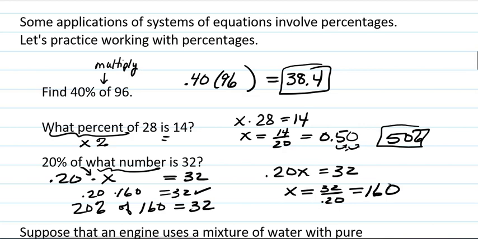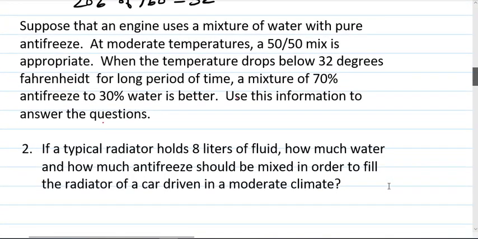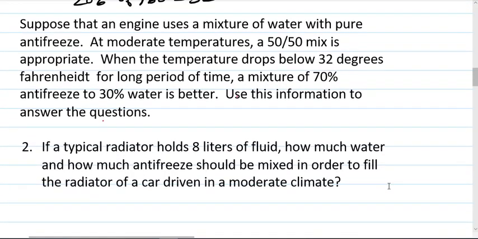All right, so those would be your basic problems involving percentages. Let's look at an application. It's not a system yet, but it's an application involving percentages, and then we'll solve an application that does involve systems of equations in the same context. So suppose that an engine uses a mixture of water with pure antifreeze.